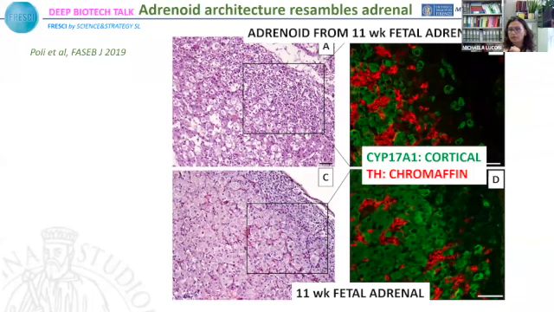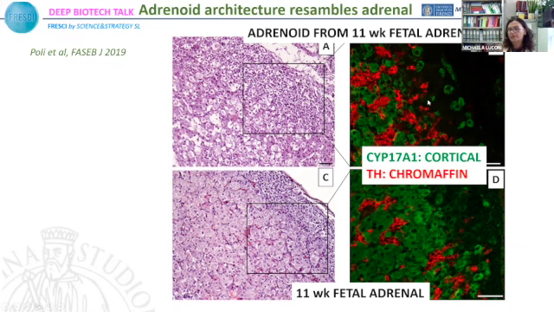Double immunofluorescence analysis of CYP17A1, which is a marker of the cortical part, and tyrosine hydroxylase in red, which is the marker of the medulla, show a similar cell distribution and also a similar 3D architecture in adrenoids derived from 11-week fetal adrenals, which was very similar to the structure and the staining of the 11-week fetal adrenal the adrenoid was derived from.